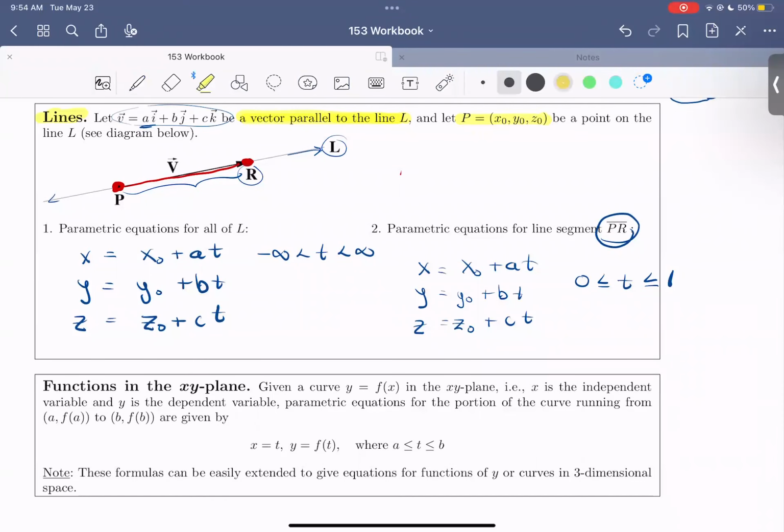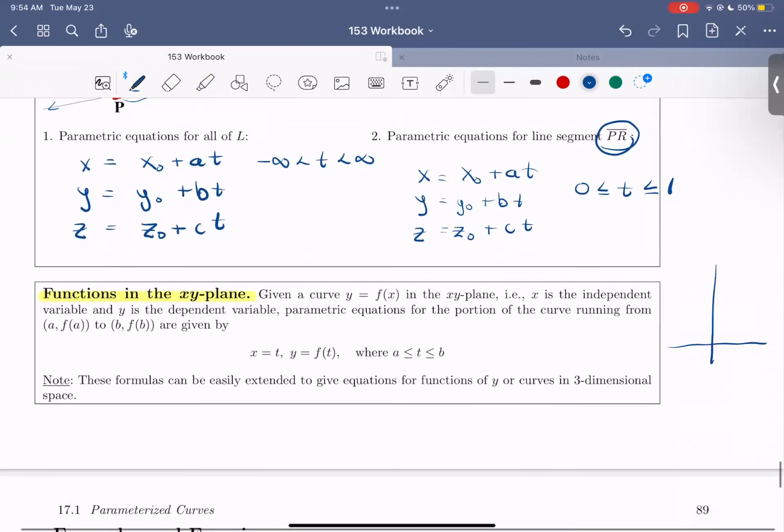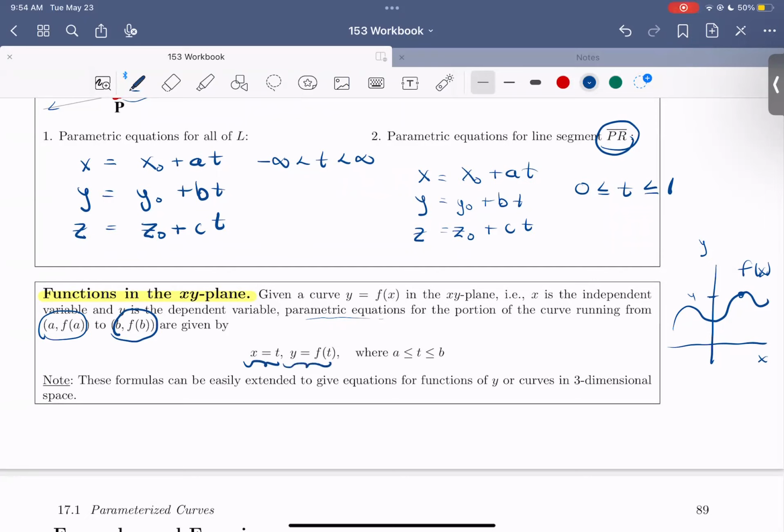All right, so finally here, let's look at functions in the xy plane. For a visual, we have our x and y plane, and we have some function f of x. So the output values, y's, are determined by f of x. So given a curve y equals f of x in the xy plane, i.e. x is the independent variable and y is the dependent variable, the parametric equations for the portion of the curve running from the point a, f of a, to b, f of b are given by, well, x is just our t value, and then y is the output of f.